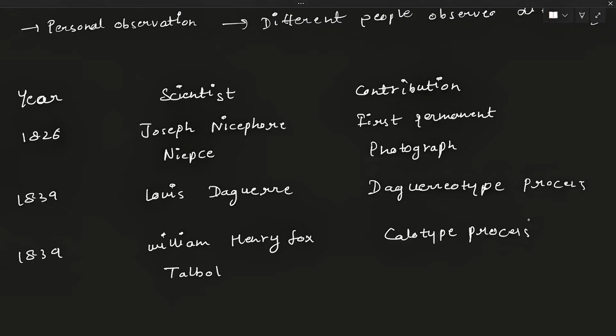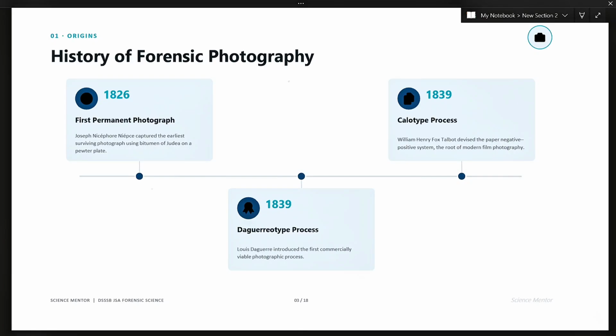Let's move to the next scientist, which is Louis Daguerre. I'm going to move the slides. Here is Louis Daguerre, daguerreotype photography. Many students confuse Niépce and Daguerre.